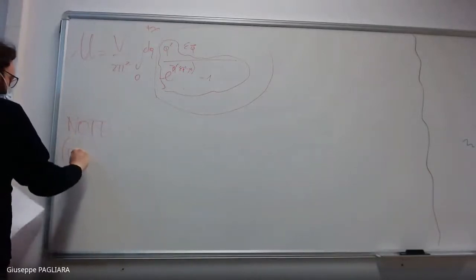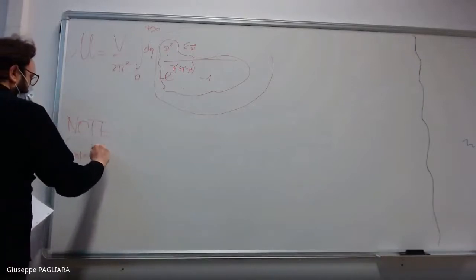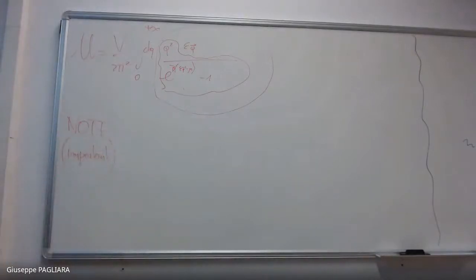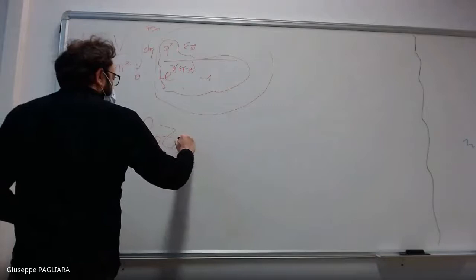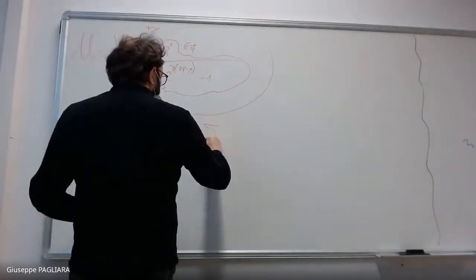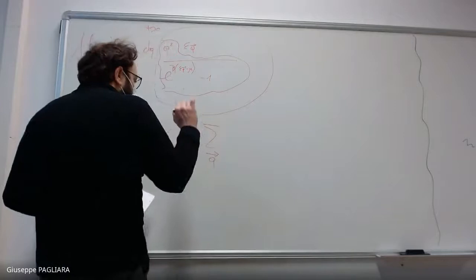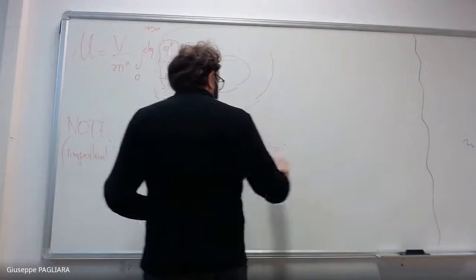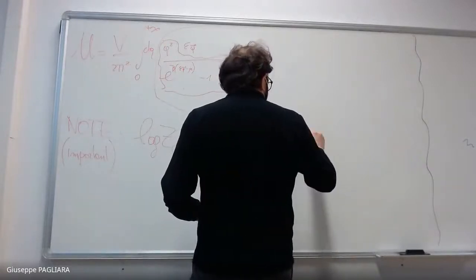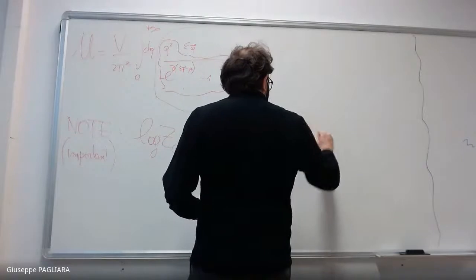When passing from the discrete to the continuum, actually we are making something which is a little bit dangerous, because consider that log of z of g, that was minus the sum over q. This was the initial expression of the log of 1 minus z exponential of minus beta epsilon q.